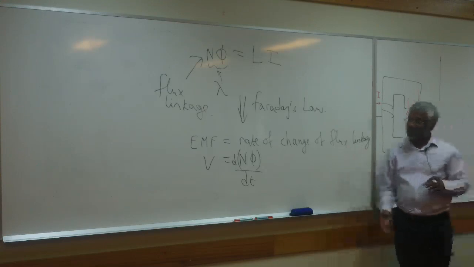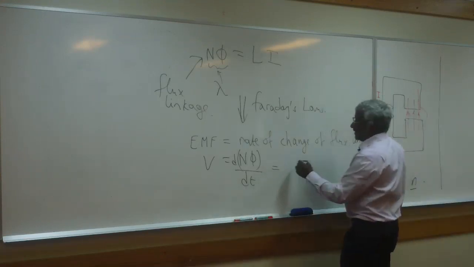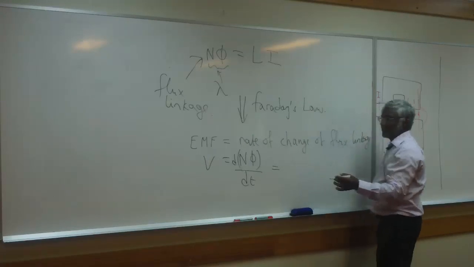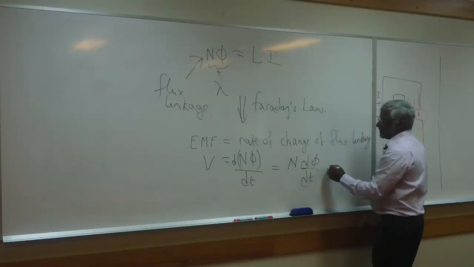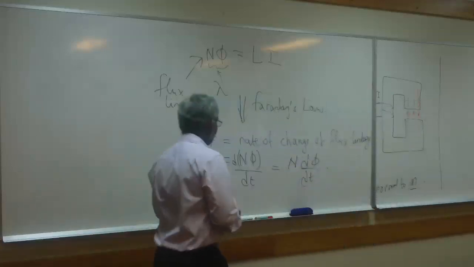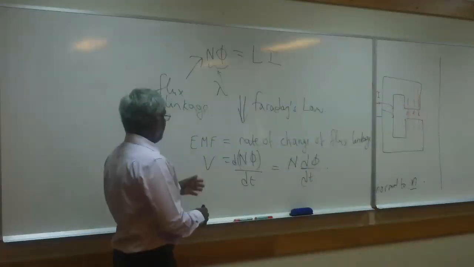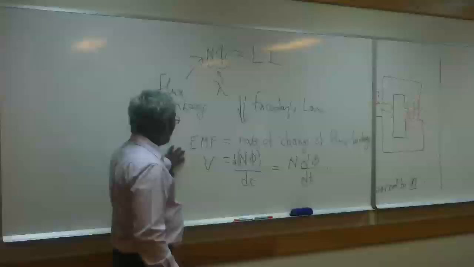Now, when you do that, N being a constant, some people believe it is, that means N dΦ/dt, and that's your equation there. You can write it like that if you like. So that's Faraday's law.